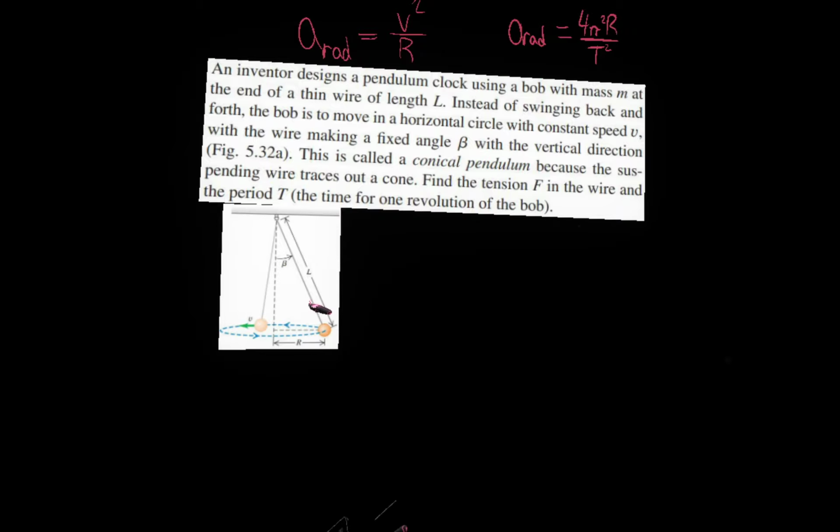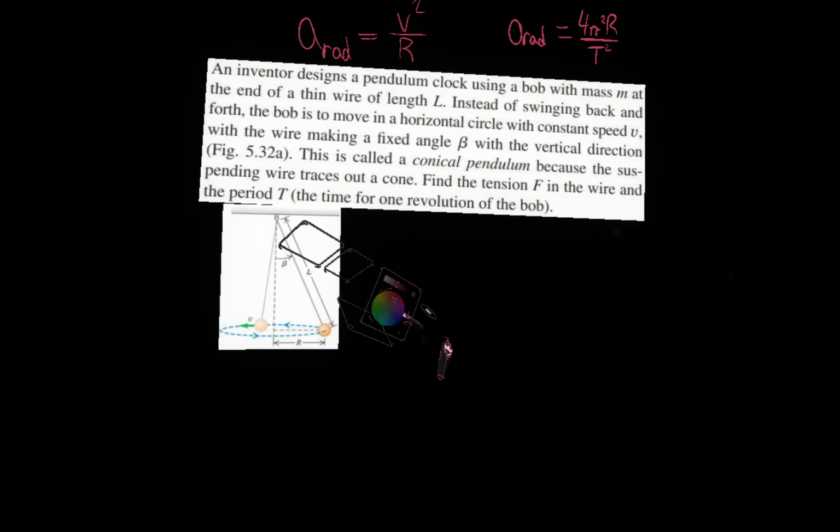So the ball is going around on a string of length L, and that angle that spells out this cone is beta. It's called a conical pendulum because the suspending wire traces out a cone. Find the tension F in the wire and the period T, the time for one revolution of the bob.